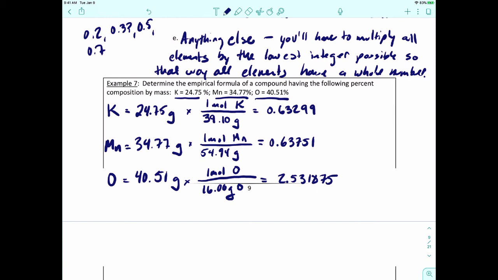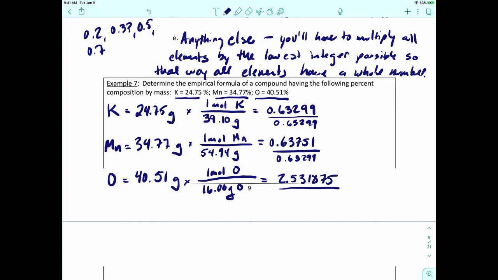All right, so looking at these numbers, potassium, K, is the smallest. So what we're going to do is divide each of these numbers by the number that we got for potassium, 0.63299. Now, potassium and manganese are actually really close to each other. So that number for manganese is going to be pretty close to 1.